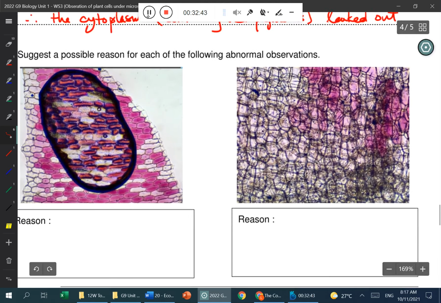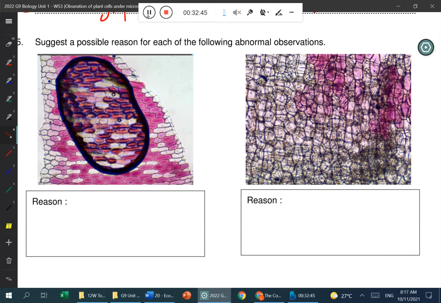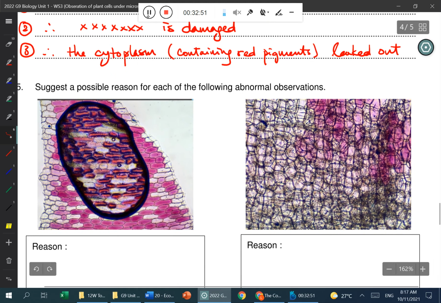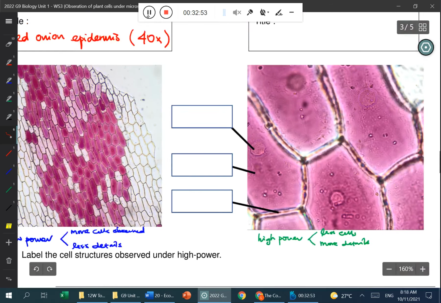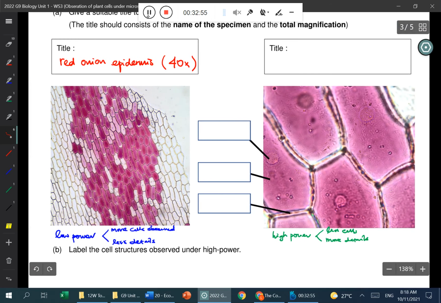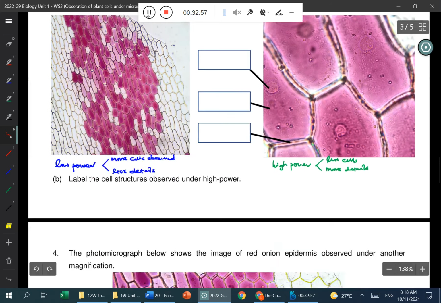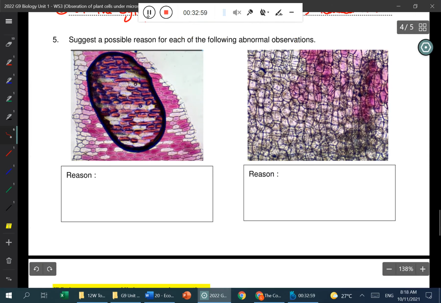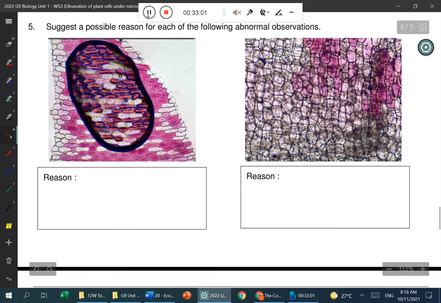Well, some of the students in our class actually made some strange observations like this. I would say these photos show very, very good observations, while these look strange. So what happened?